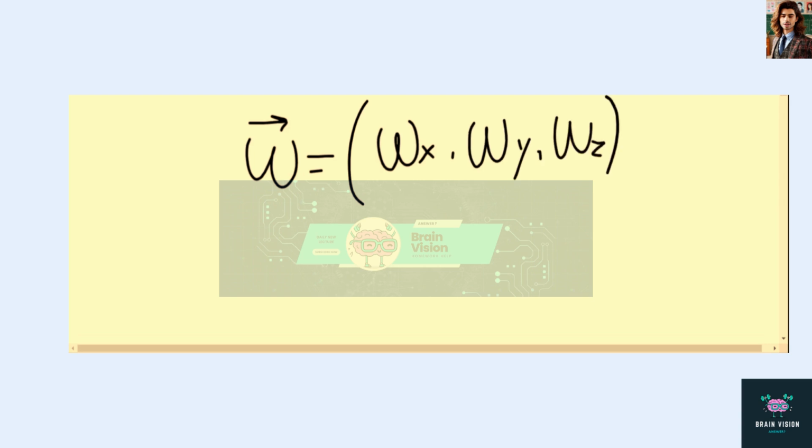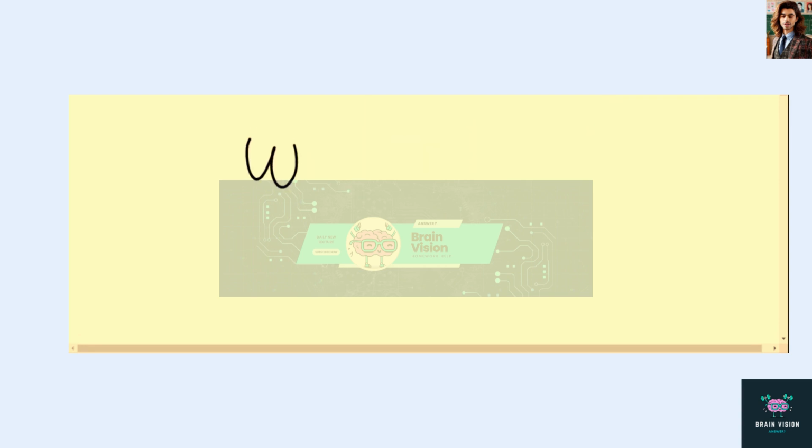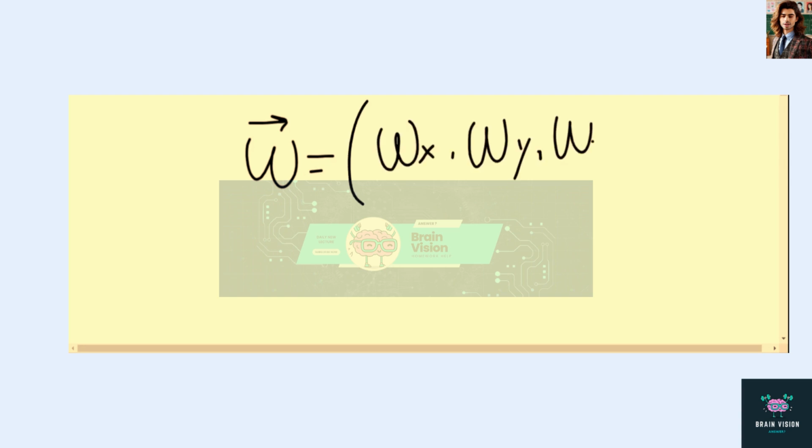But for that reason, we better use the formulas from the formal definitions you will see later. So let's assume that the common angular velocity for the gears A and B is omega vector, which is omega x, omega y, omega z.